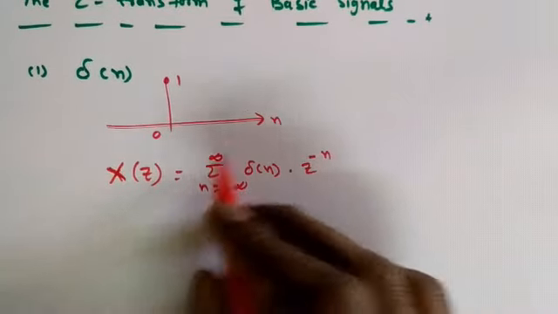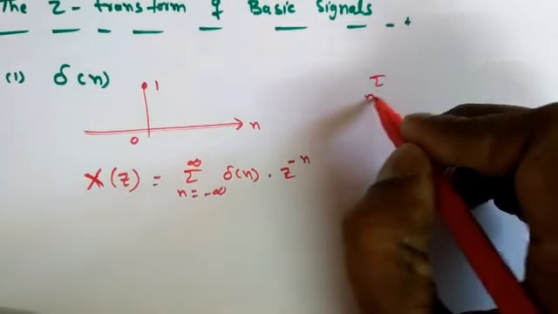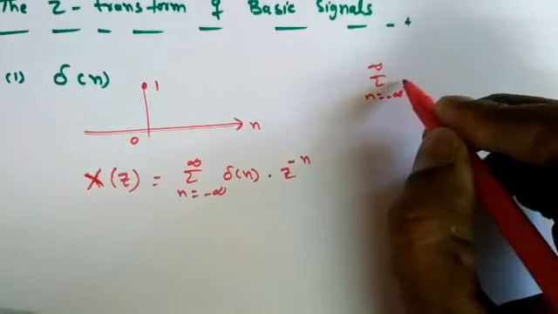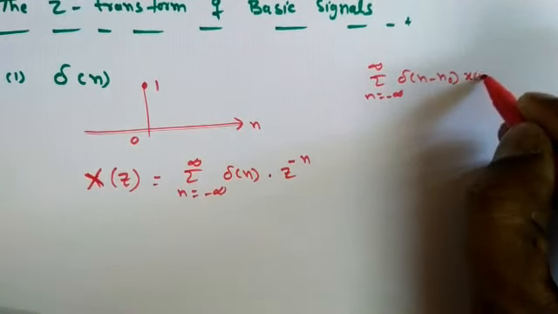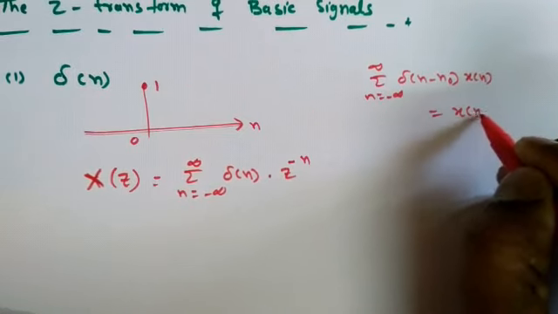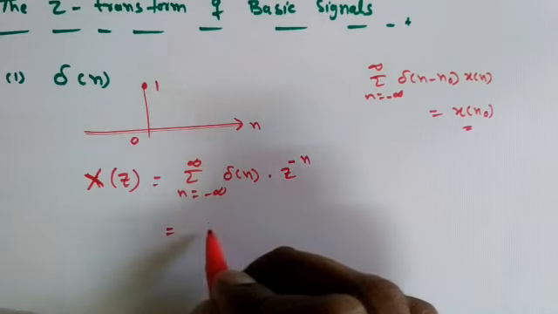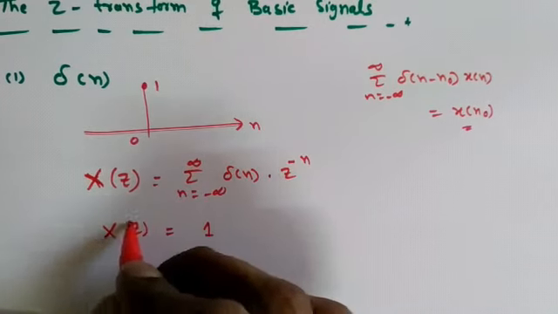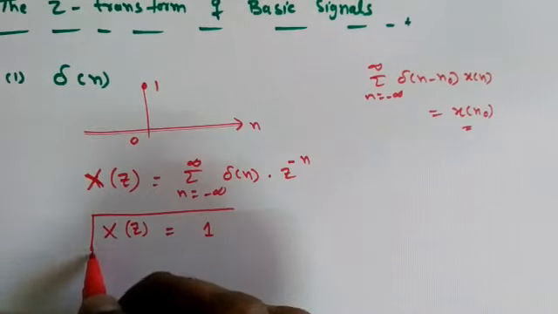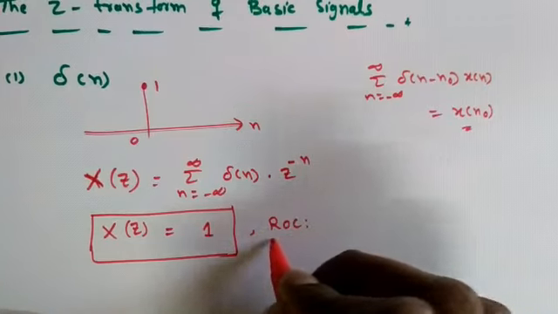Now what is the impulse function property? I'll recall it here like this: sigma n equal to minus infinity to infinity of delta n minus n naught into x of n is x of n naught. So what is n naught here? 0. So z power 0 is nothing but 1. So the Z transform of the impulse function or impulse sequence is nothing but 1. Now what is the ROC?